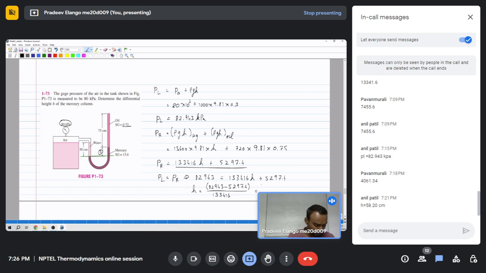It is 58 point... Directly we will get in meters, so that is 0.582 meters or 58.2 centimeters.